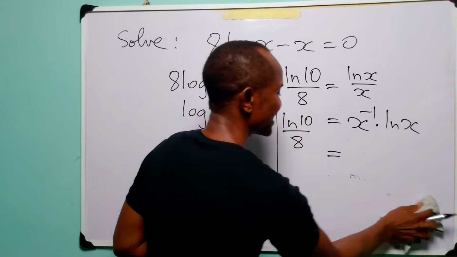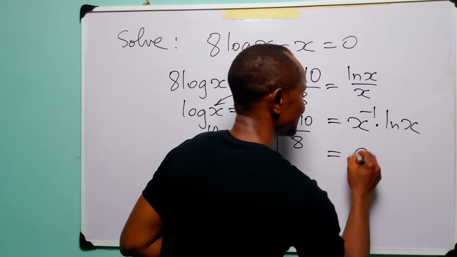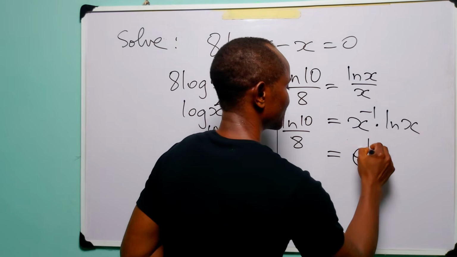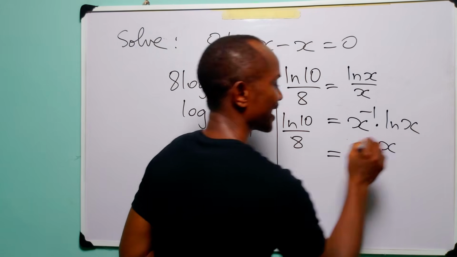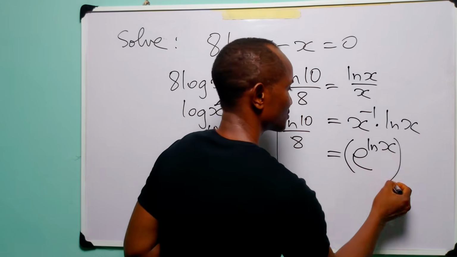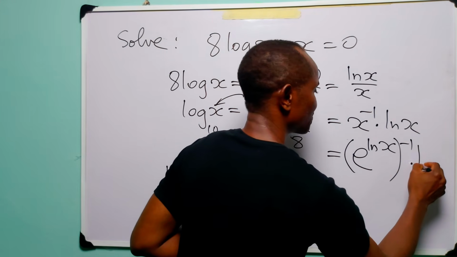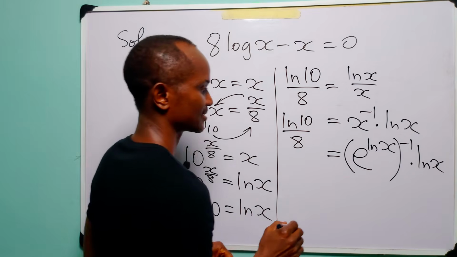So we can write this x as e raised to power ln x. And then remember the raised to power minus 1. So we have raised to power minus 1, and everything is multiplying ln x.